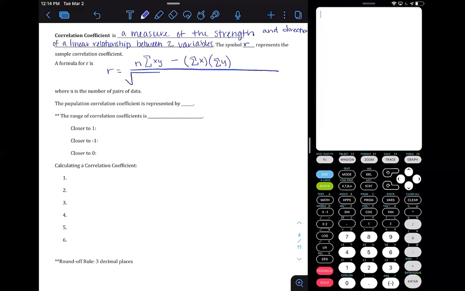The first is the square root of n times the summation of x squared, so each of your x values squared, minus the quantity of the summation of x, squared.